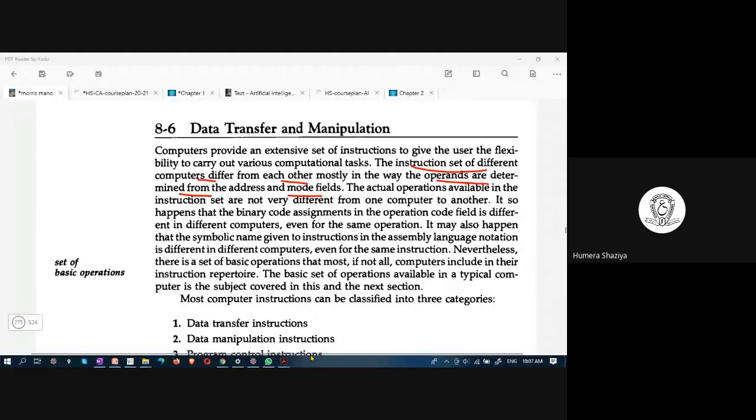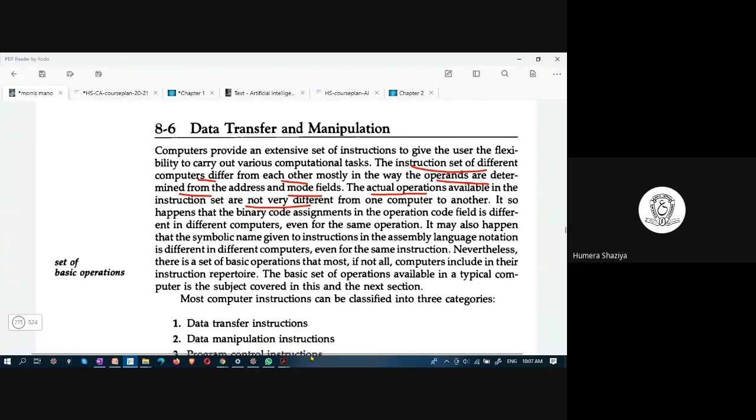The actual operations available are not very different. Every operation that you could perform on Intel machine can also be performed on Mac machines. Operations remain very much similar.